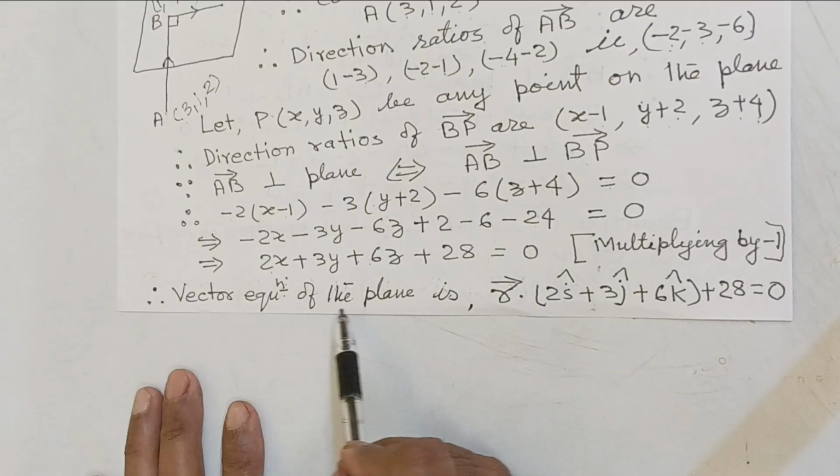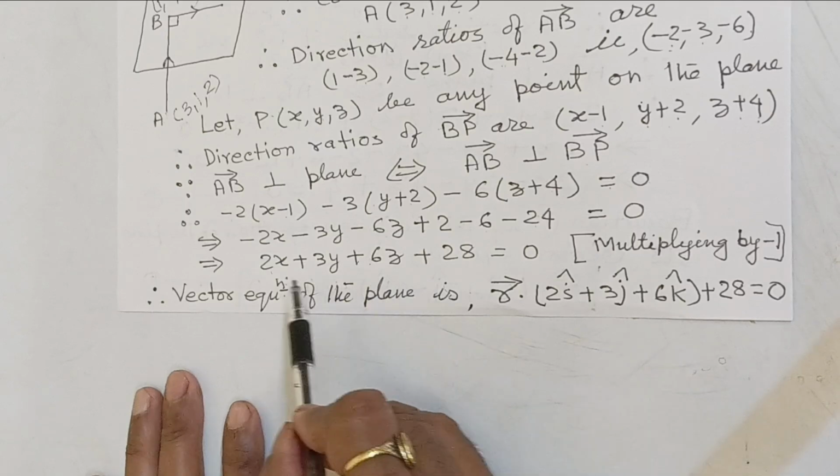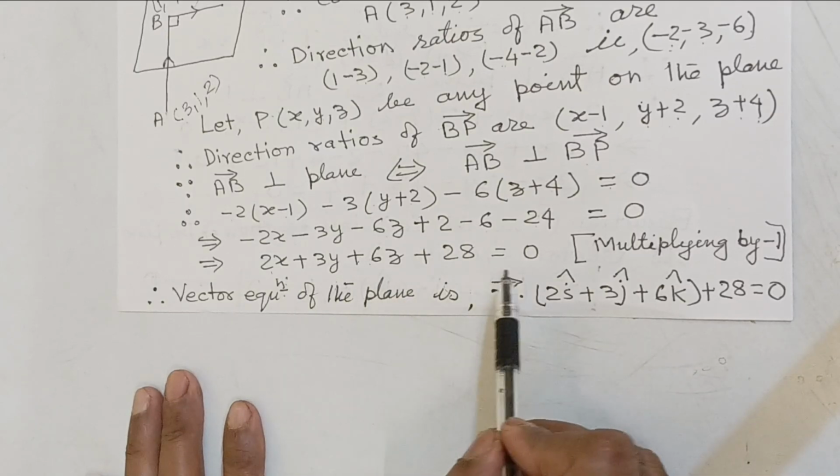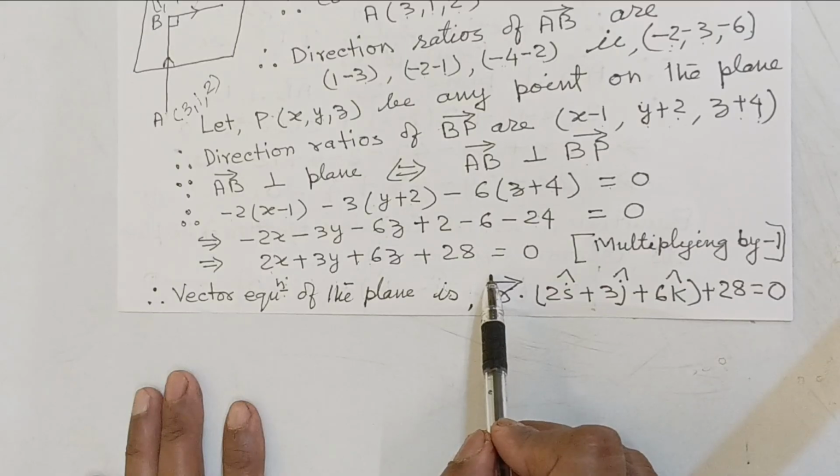This equation is called the Cartesian equation. We have to find its vector equation.